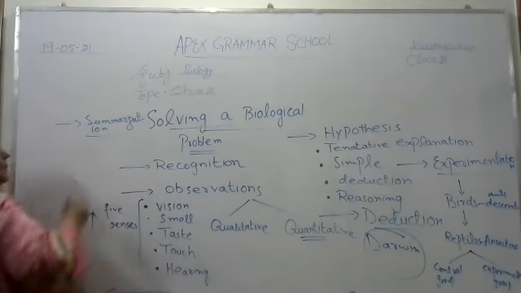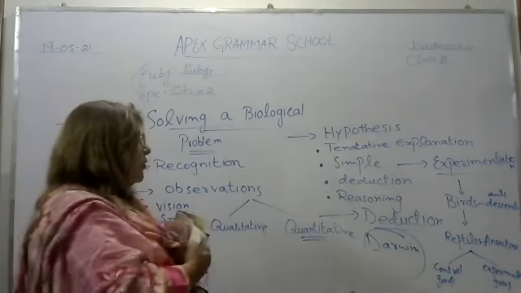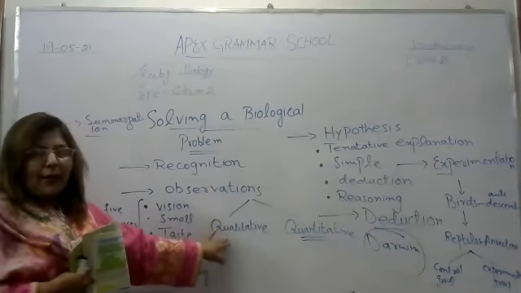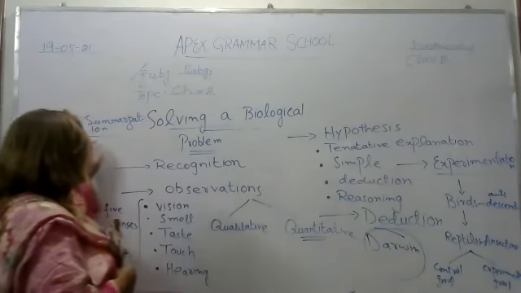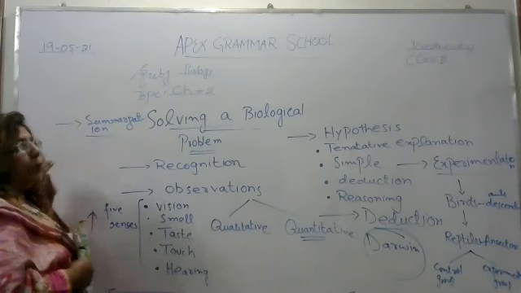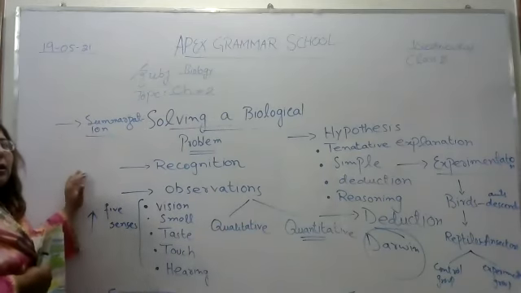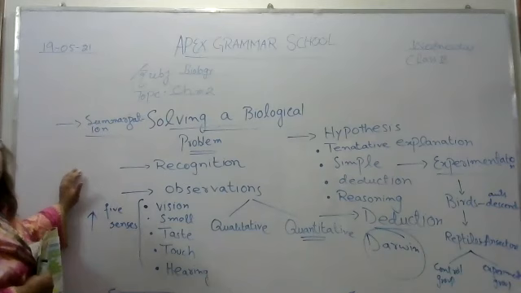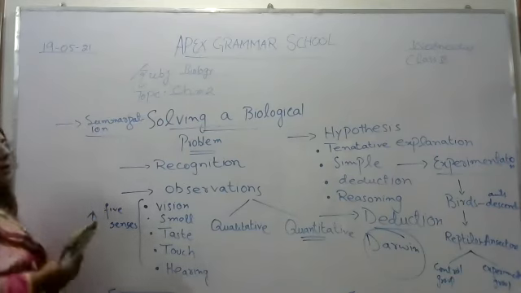The scientists who did the experiment collect some data, so they will organize that data. They will summarize that data. They will put it in a graph, or in the form of calculations. Okay. So this step is called summarization.